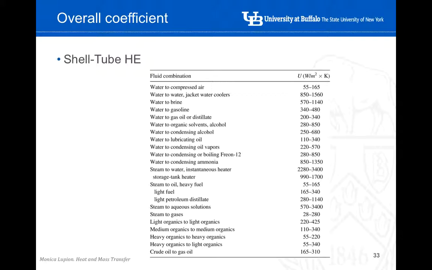If you don't have any other way of calculating this overall coefficient by an analytical method or using the equations that we know, these tables are very useful, at least to have an estimation of the overall coefficient and how it will impact the heat transfer.